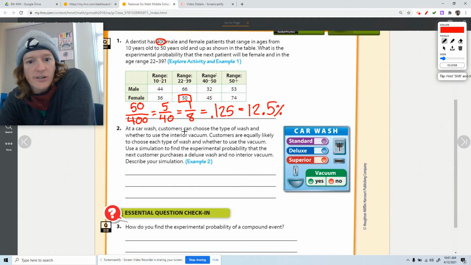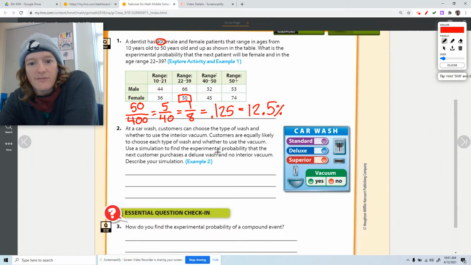Number 2, at a car wash, customers can choose the type of wash and whether to use the interior vacuum. Customers are equally likely to choose each type of wash and whether to use the vacuum. So we have 3 types of washes: standard, deluxe, and superior. And then there's a 50% chance whether they use the vacuum or not.